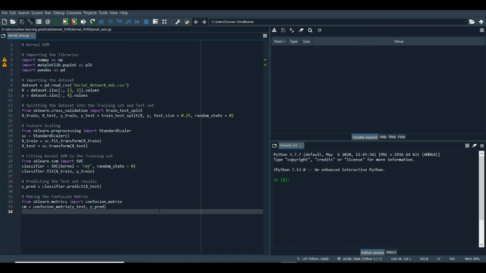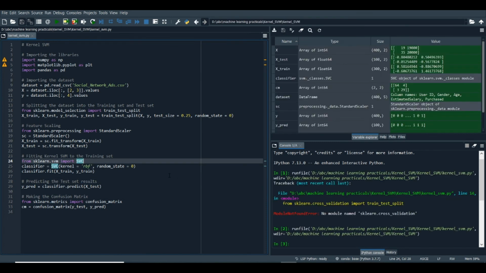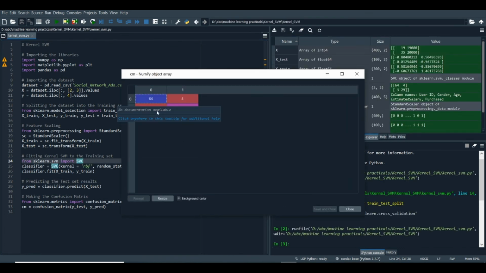As you can see, this is the whole code that we went through in the previous section about SVM. All we are going to do is change the value of the kernel available here, which was linear. First we apply RBF here, and it's RBF by default too. So let's execute this. You can see that it created a confusion matrix, and you may remember the accuracy was around 90% from SVM using a linear kernel.